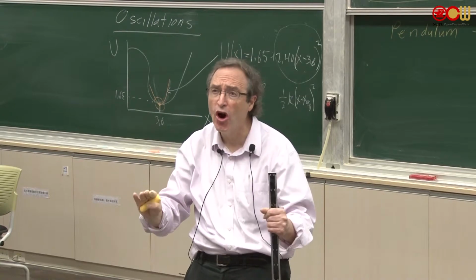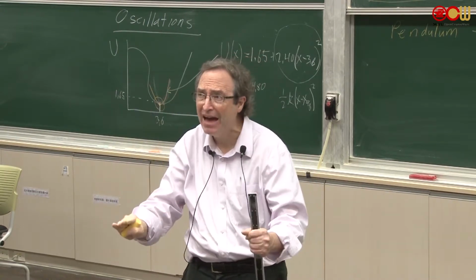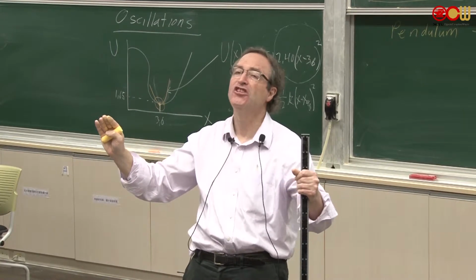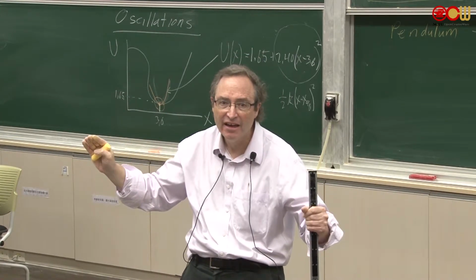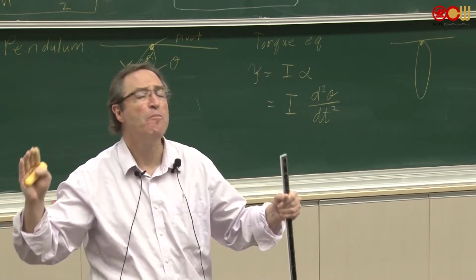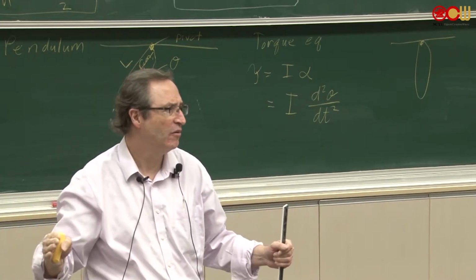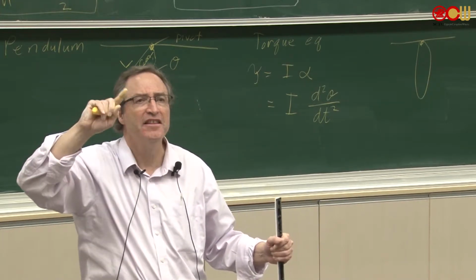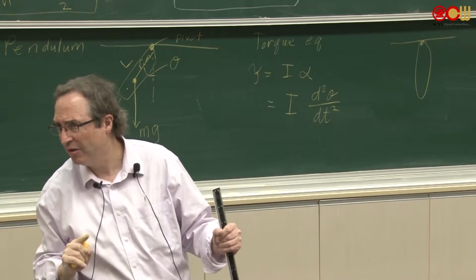What is the torque about the pivot due to that force? 0. Why? It's on the pivot, right? The moment arm is 0. There's no R in the R cross F. R is 0.